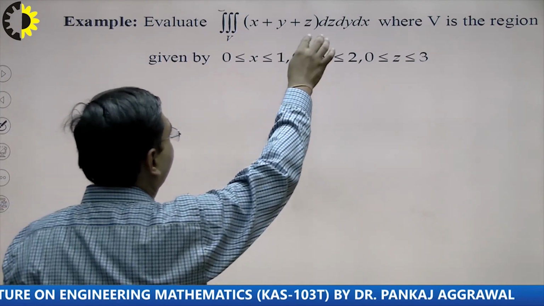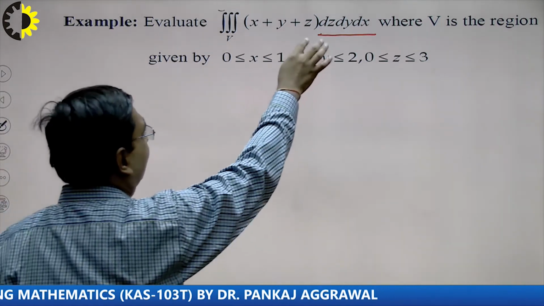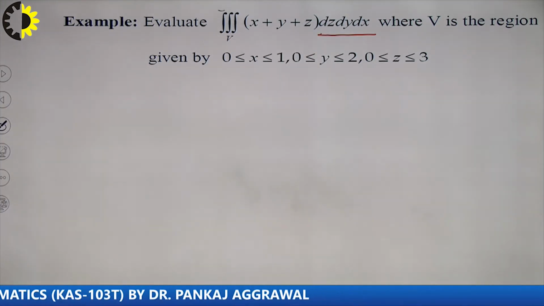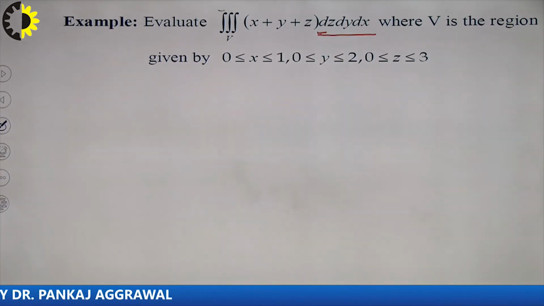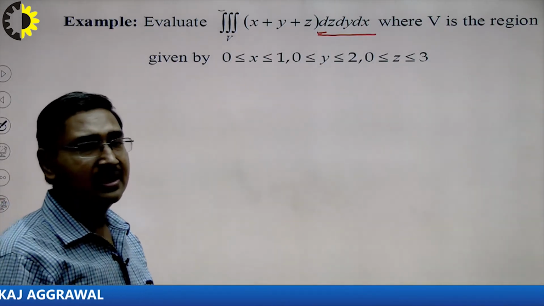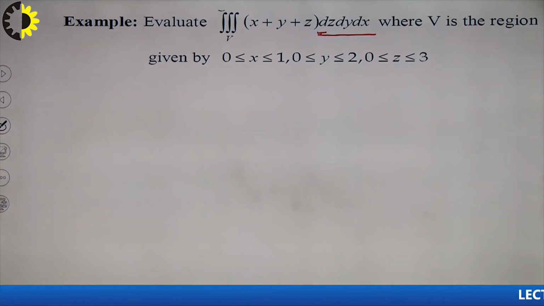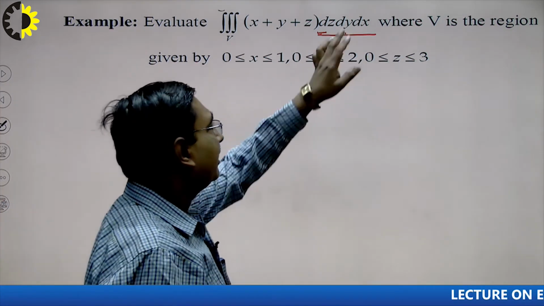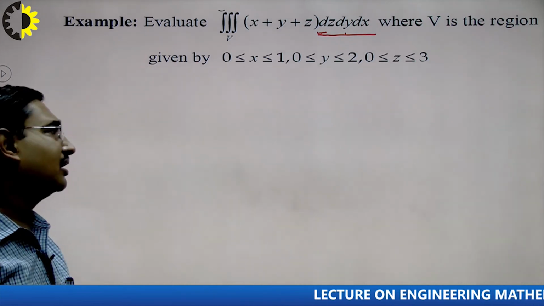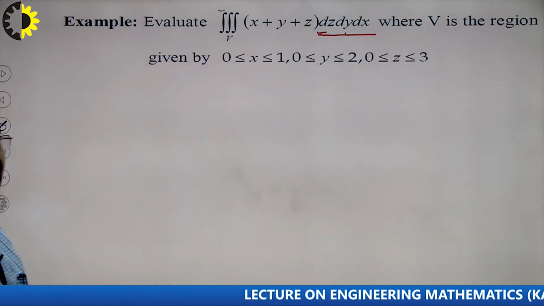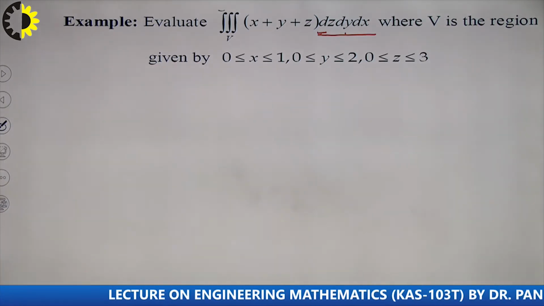If it is written in this order dz dy dx and limits are applied accordingly, then we shall start the evaluation from inside. When we integrate with respect to z, the remaining variables x and y will be treated as constants. When we integrate with respect to y, the remaining variables will be treated as constants, and so on. Now we take this example to understand these ideas.